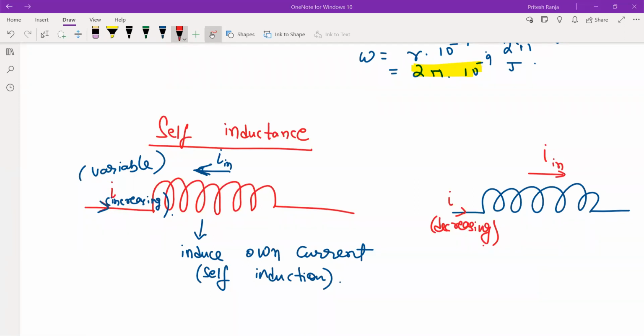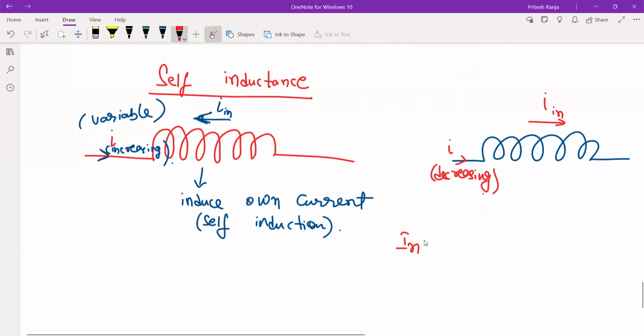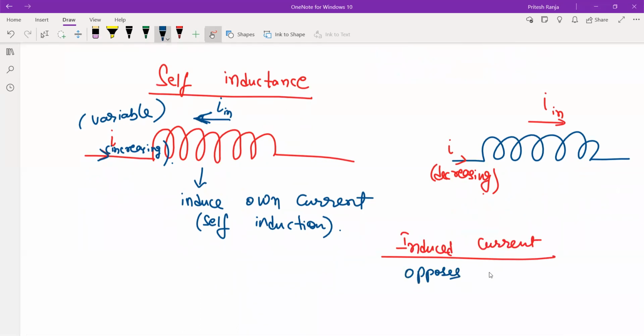So what we have understood, that whenever we talk about induced current, this induced current opposes external current, or you can say growing current, right? This current is growing. So this is the case of growing current.